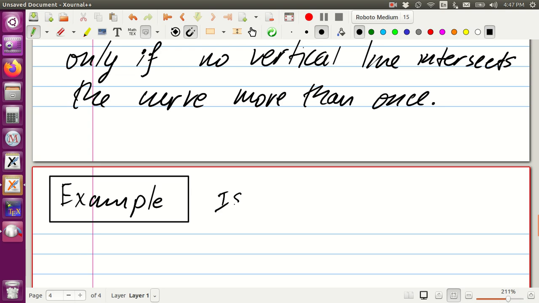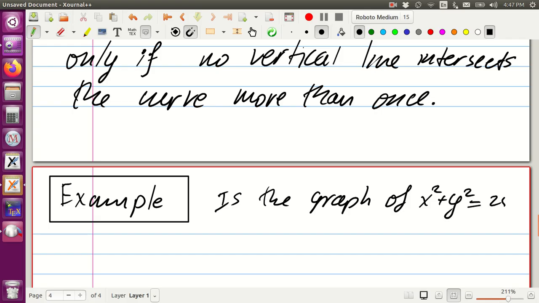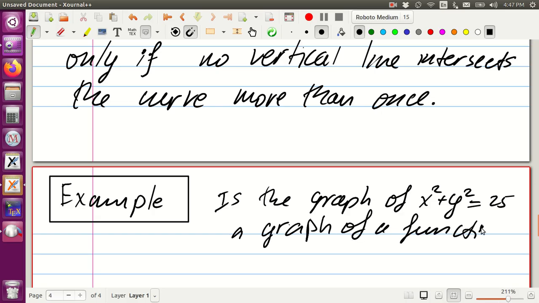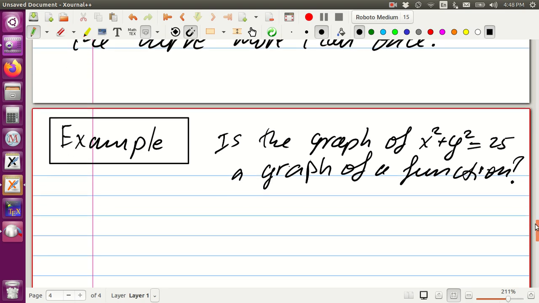So the question is: is the graph of x squared plus y squared equals 25 a graph of a function? All right, that's the question.